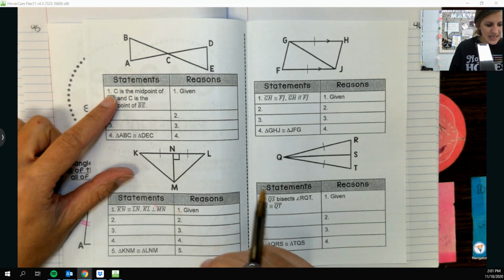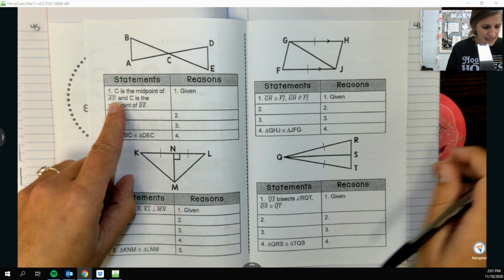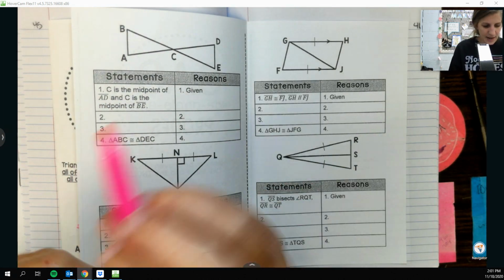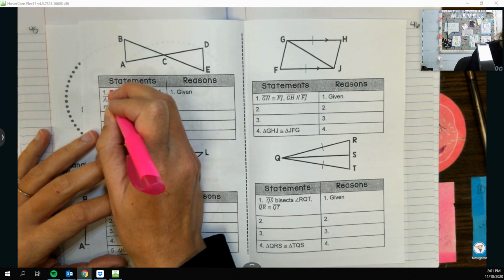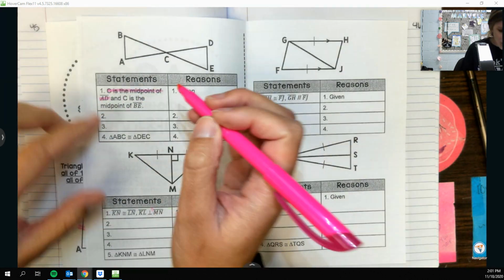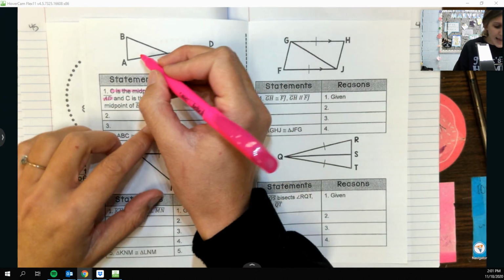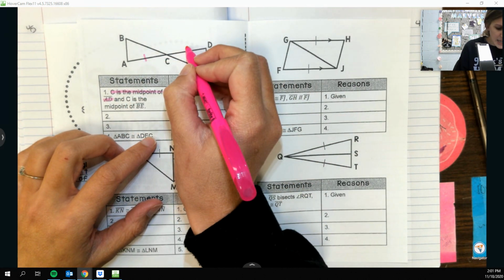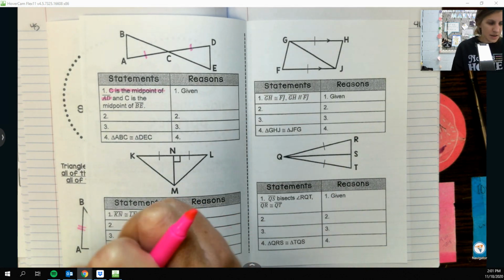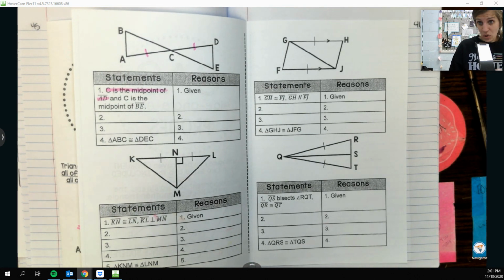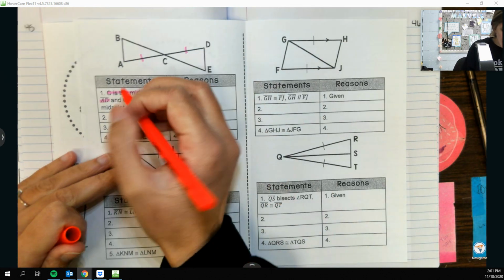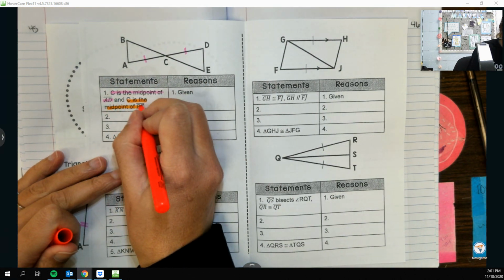So, check this out. If they tell me that C is the midpoint of AD, I get to mark this stuff now. If I go on to AD and C is the midpoint, then that means it's cutting that equally in half. They've also told me that C is the midpoint of BE.